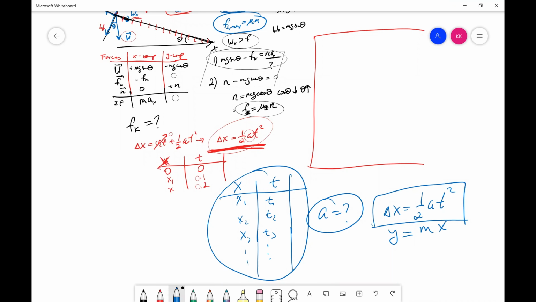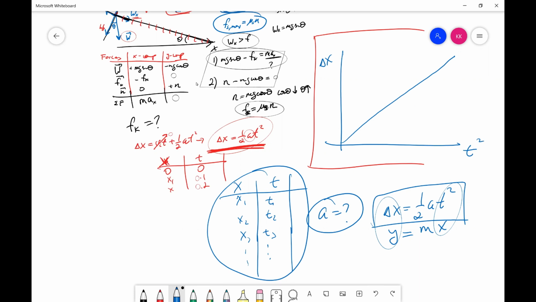That's what we did in the first pivot lab, which means that we plot our x on the y-axis and our t square on the x-axis. So we did a graph where this is delta x, and if we plot against t, we would have had a parabola like this. But if you do t square, you linearize it as a straight line.